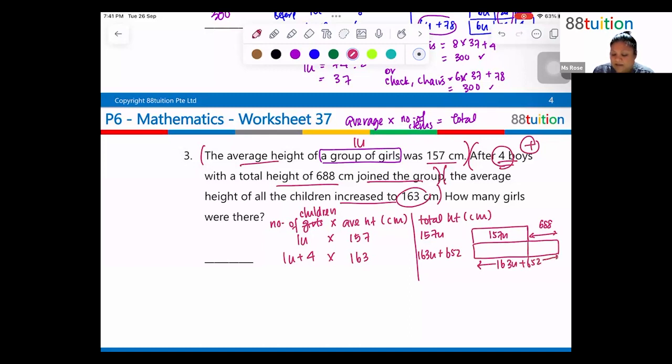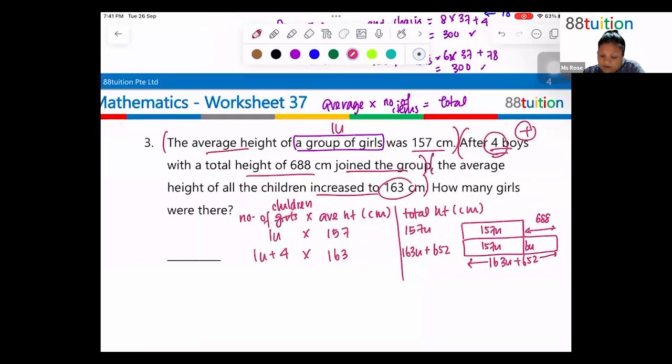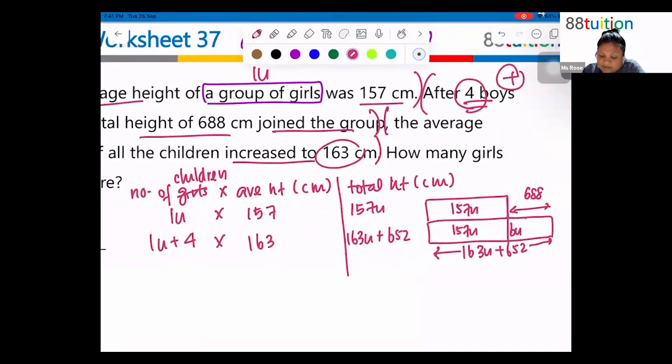So I take from 688, I split it into 157 units plus 6 units to give me 163. Now, from 688, 688 minus 652 will give me how much?